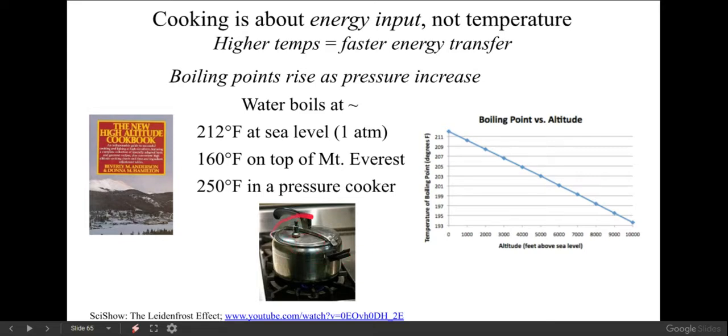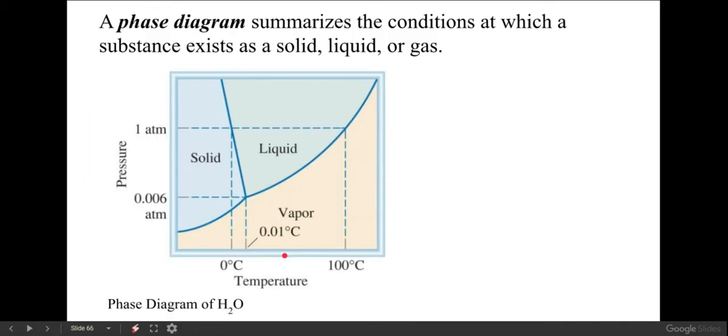It seals it off, and because it will get up above 1 atmosphere, the external pressure gets higher, then it takes longer for the vapor pressure of water to reach it. And so they can reach up to 250 degrees Fahrenheit. So if you want to cook something fast, you cook it at higher temperatures. And in this case of boiling something, you can use a pressure cooker.